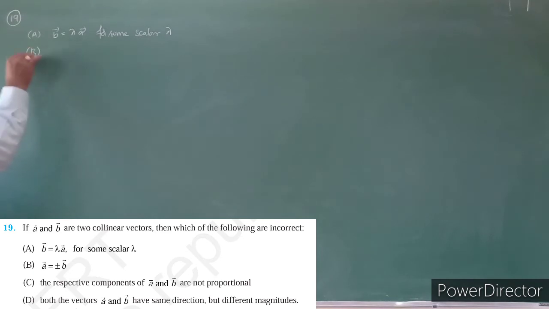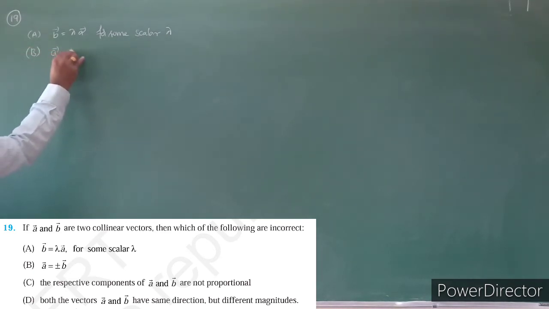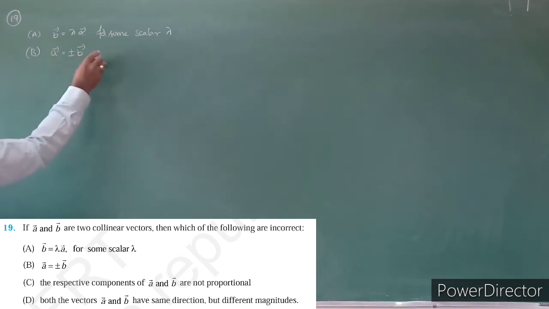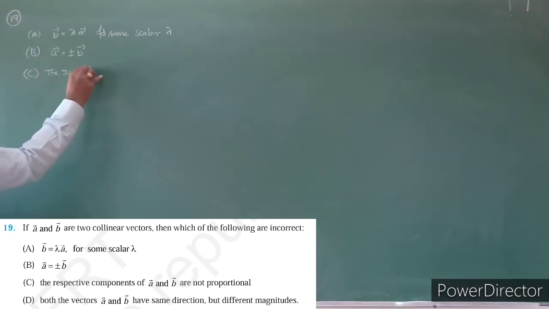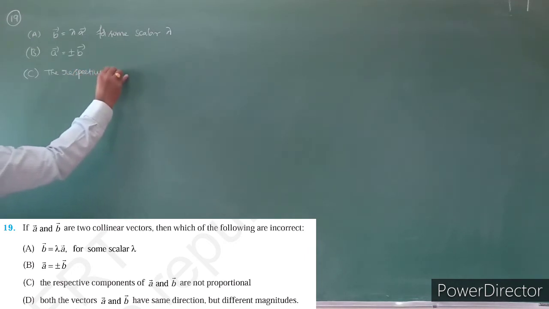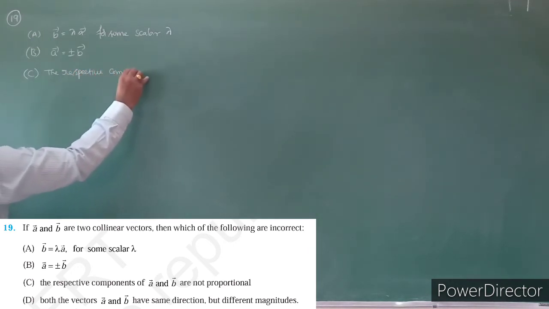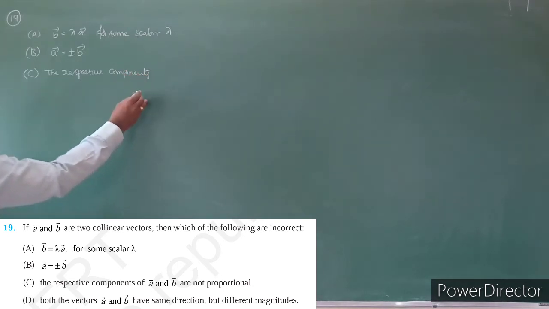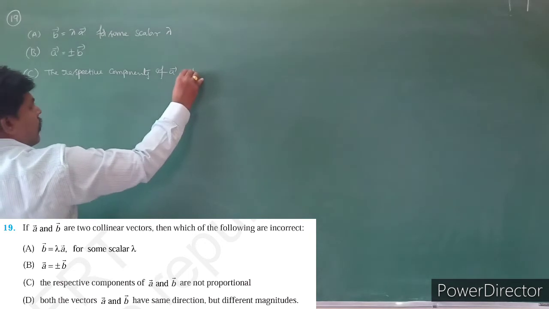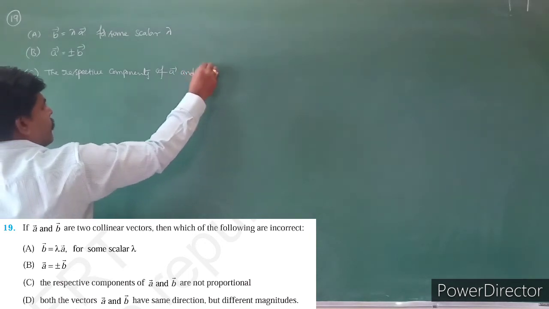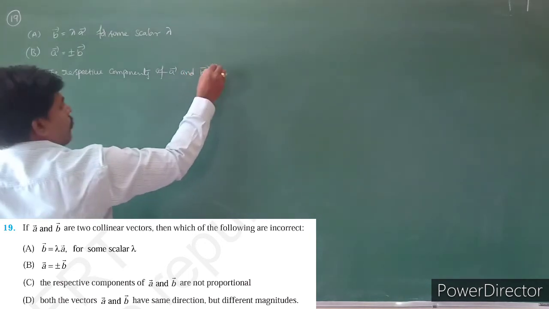The second one is A bar is equal to plus or minus B bar. And the third one is the respective components of A bar and B bar are proportional.